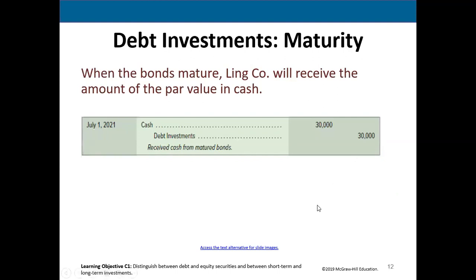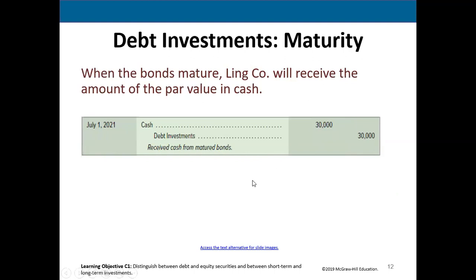Now, when the bonds mature, Ling Company will receive the cash of $30,000 from Dell, so they'll debit cash and credit debt investments for the $30,000. The bond matured, there's no longer a bond, so the investment went away and Ling received what was promised them.